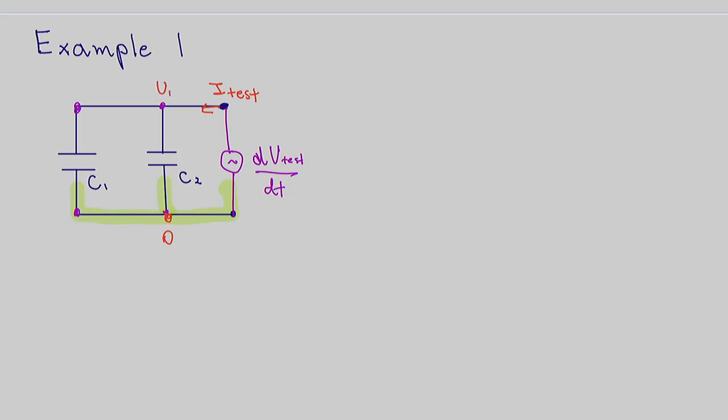Then I can define that there will be a current here, IC2, for capacitor 2, and there will be a voltage drop VC2. Do the same thing for capacitor 1, IC1, voltage drop VC1. We labeled everything. Now we can apply our methods.